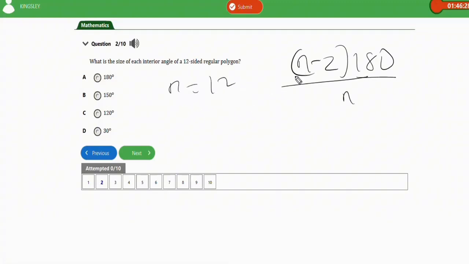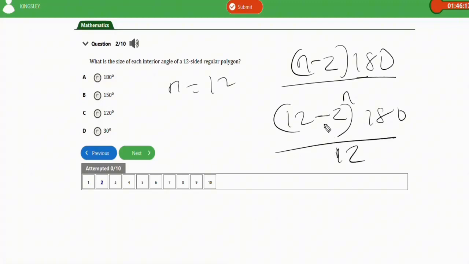So we are looking for the size. When you plug in the value of n to be 12, we have 12 minus 2 times 180 over 12. So this will give you 12 minus 2, 10, times 180, so we are left with 1800 divided by 12.